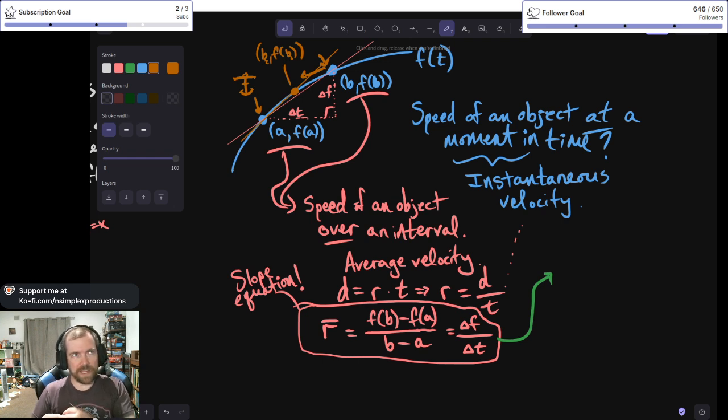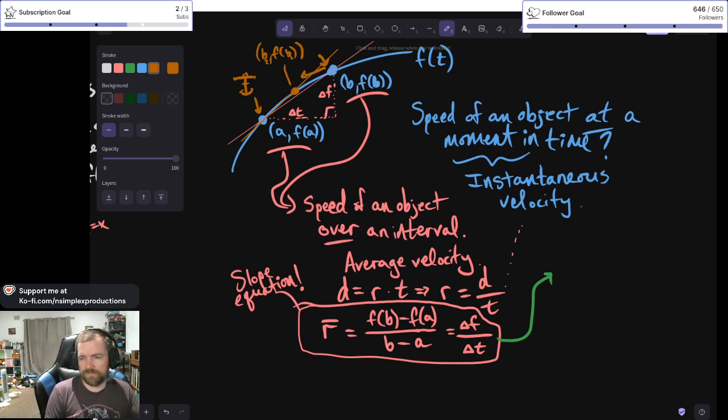But we're not going to get one that's actually exactly instantaneous, because if we put them literally on top of each other, then there is no change in our x values and no change in our y values. So we end up with 0 over 0, which is an indeterminate form. And we've already dealt with that bit earlier. So we said that indeterminate forms aren't particularly useful.